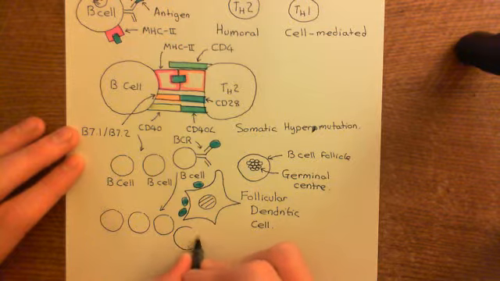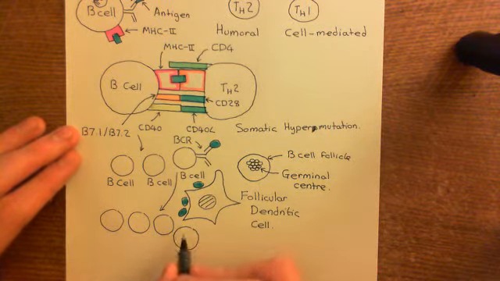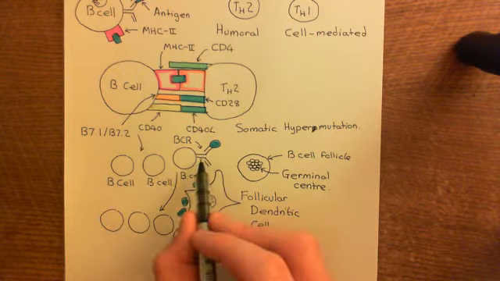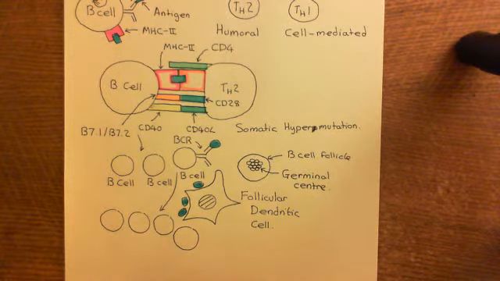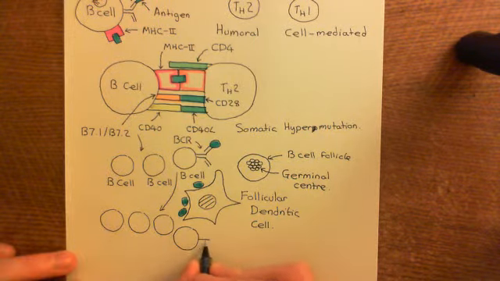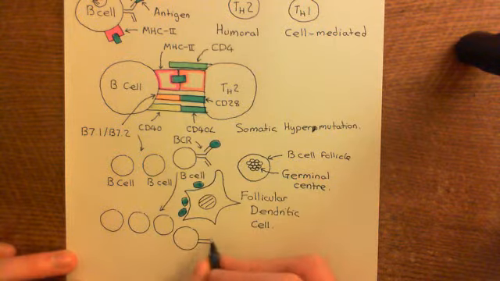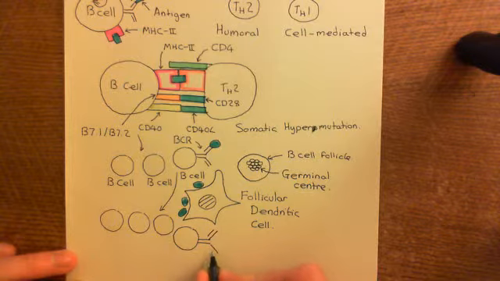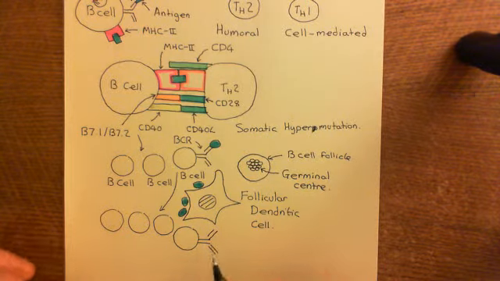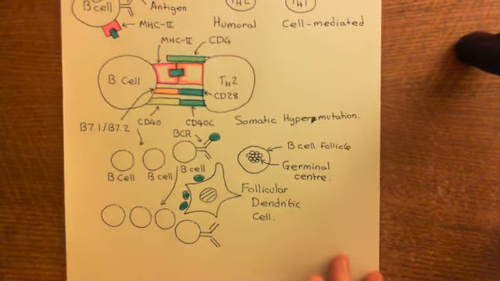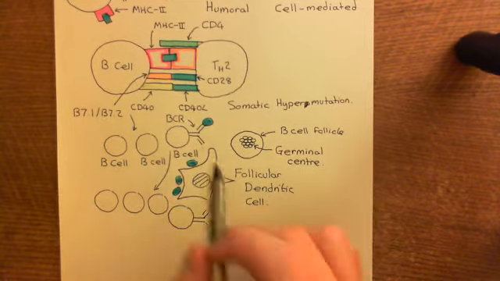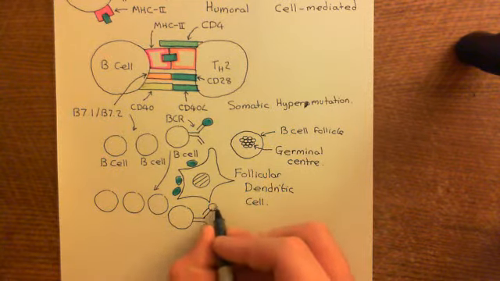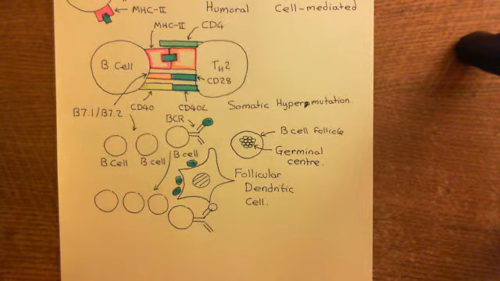And the idea is that gradually in this new population you'll end up with some B cells which have a B cell receptor that is even better than this one. Okay, so here comes this next one, and let's say this one is lucky enough to undergo a mutation that makes it even higher affinity than this one. So it will lavish up antigen and it will go through the process again.